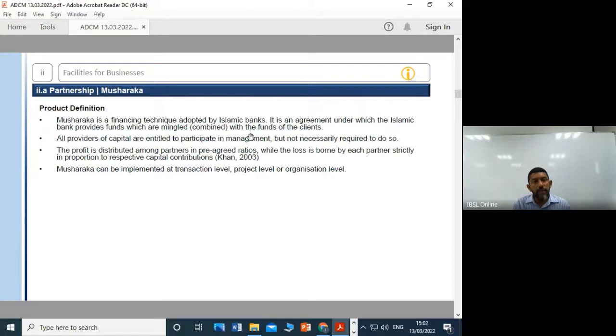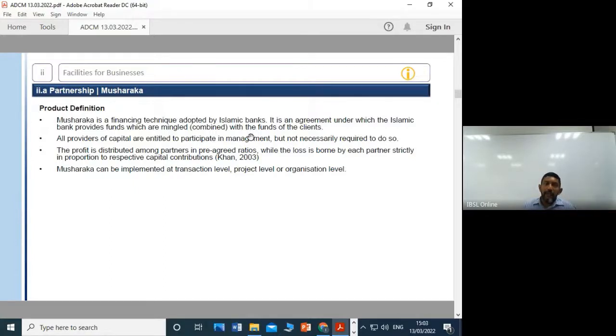When it comes to partnership, we will define a partnership in terms of a few variables. The first variable is capital, where capital is contributed by both the bank and the customer. We identify a business transaction, for instance, if a company wants to buy something, start up a new project, or enter into a new transaction.